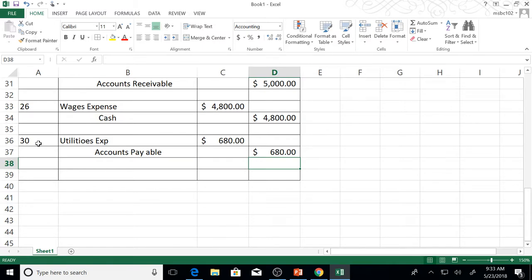This is a plus, minus. How much did he withdraw? 2,800. And the cash goes down by 2,800.